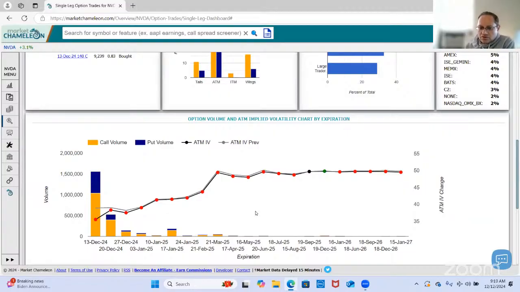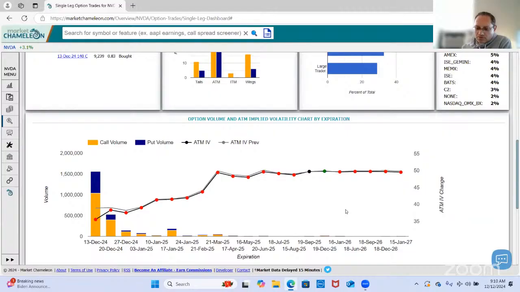Another thing that we see on this chart are these lines, right? And then we see two lines going out in time, and these dots. So let's discuss what that represents.